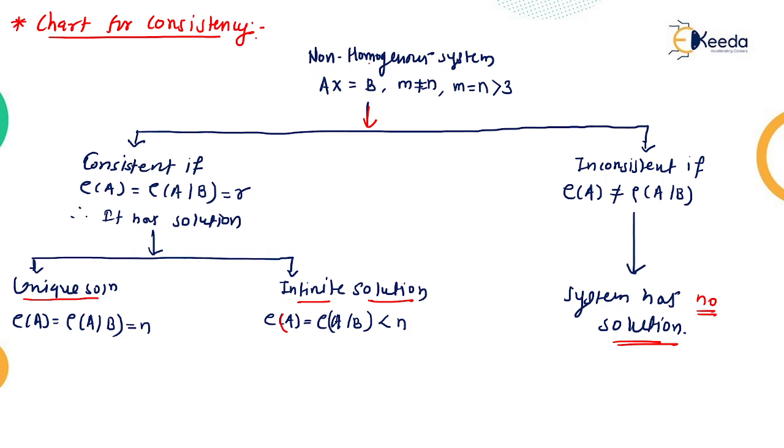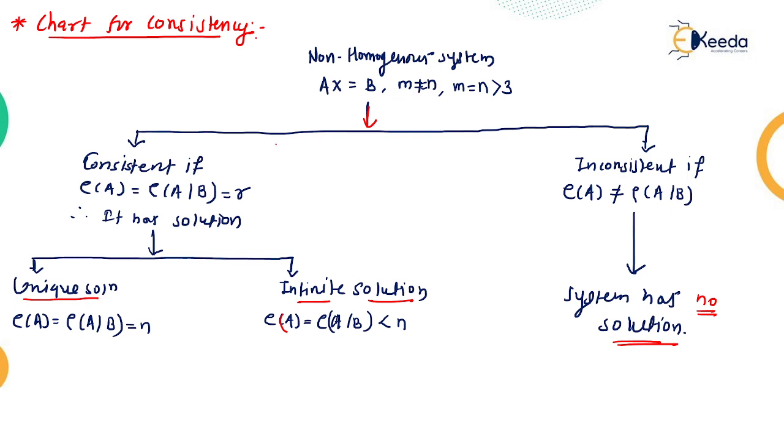A non-homogeneous system of equations can be written in matrix form, that is Ax = B, where A is the coefficient matrix, B is the constant matrix and X is the unknown matrix. Here M is the number of equations and N is the number of unknowns.